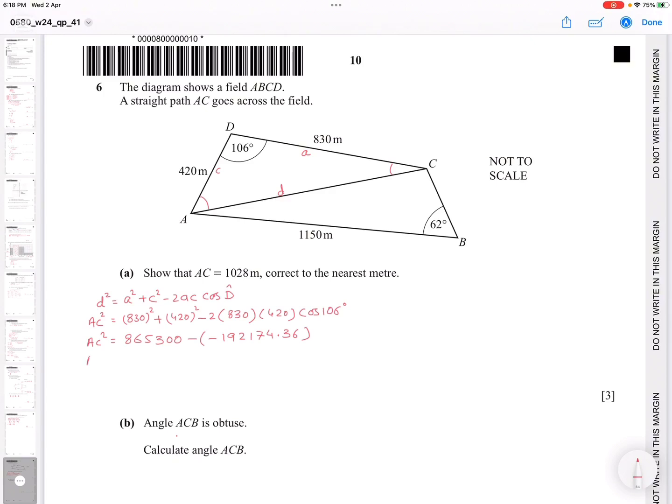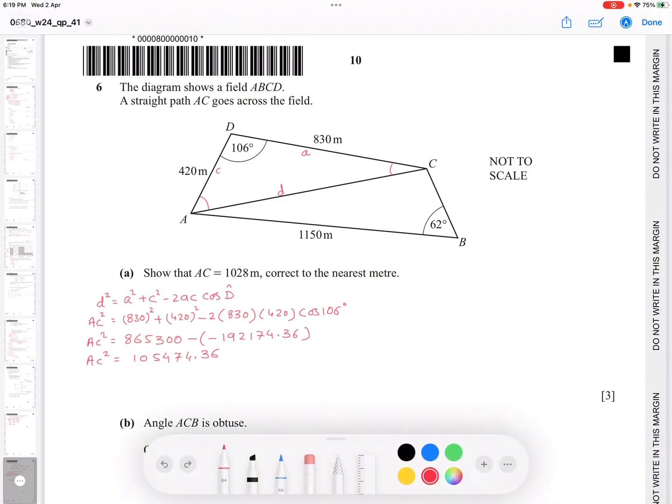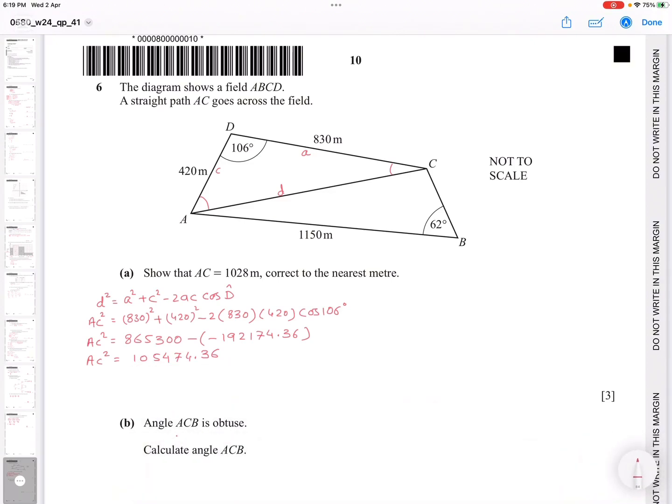So AC squared equals, now solving all of this, you get 105,474.36. Actually, it's going to be a square root.